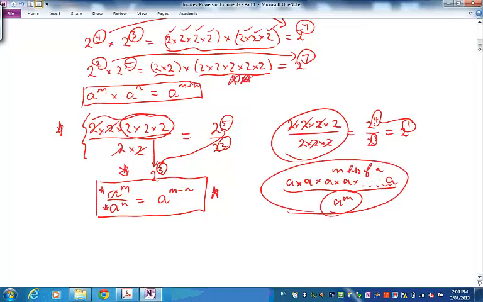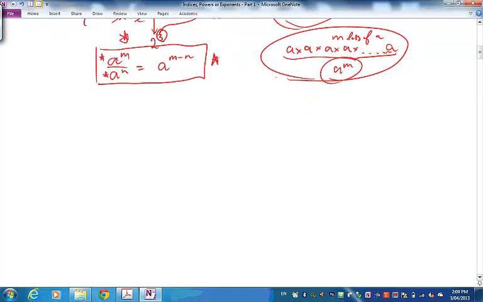Let's do another one. What about if you've got a whole lot of a's, so let's write them out now. Let's say we've got a to the 4th, and we want to, let's say, square it. What does that mean? Well, that's a to the 4th squared. Don't know what to do with that in Powerland.